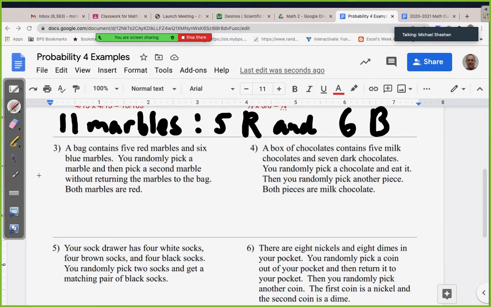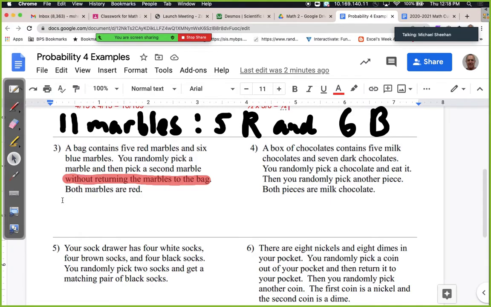Now I want to pick a marble and then pick a second marble, but it says right here, I do not return the marbles to the bag. Do you see that? When I take a first marble out, I do not return the marble to the bag. So whatever I get on the first pick affects what I can get on the second pick.